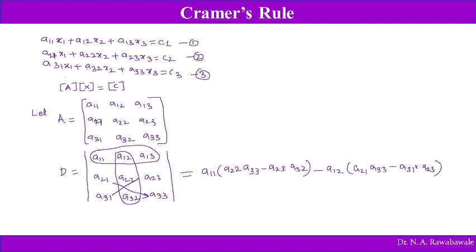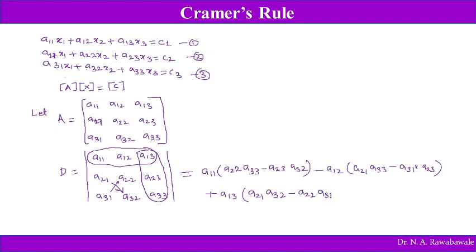Then coming to the next element, plus a13, eliminating the last column and first row, we multiply a21 into a32 minus a22 into a31.